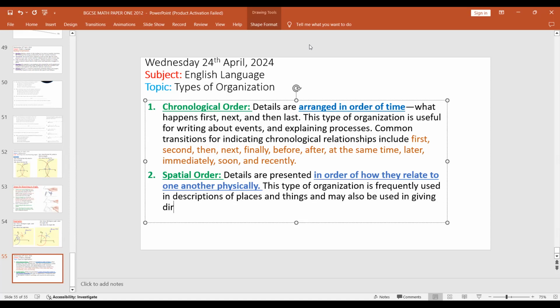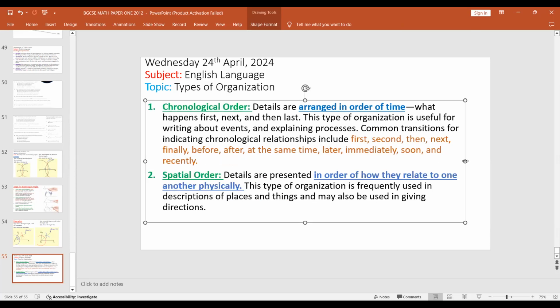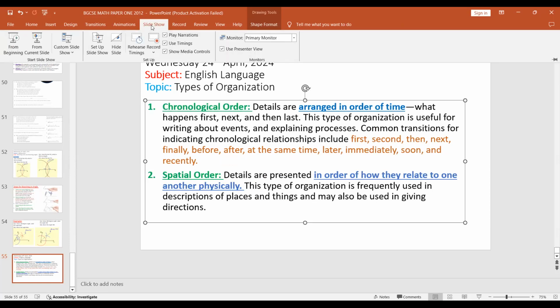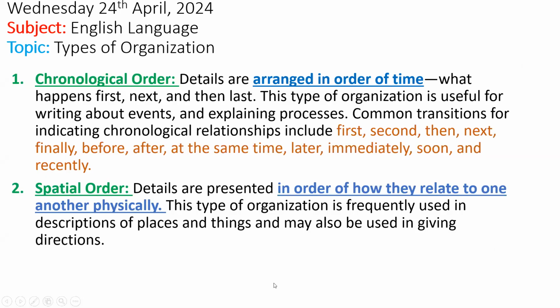So that's spatial order, organizing information as it relates to how things relate to each other within their space. You could use this when you are giving directions to your home, your church, your school, your work, whatever.